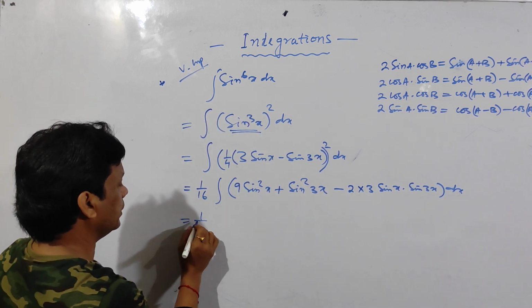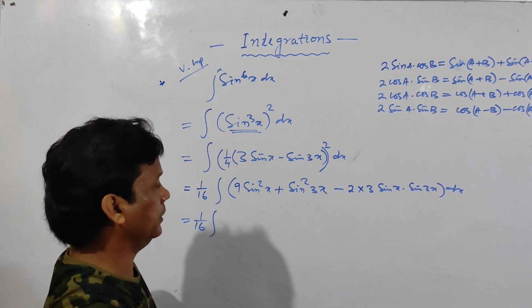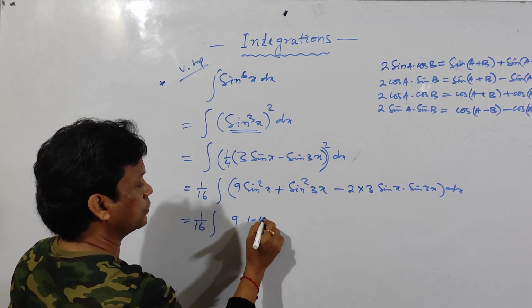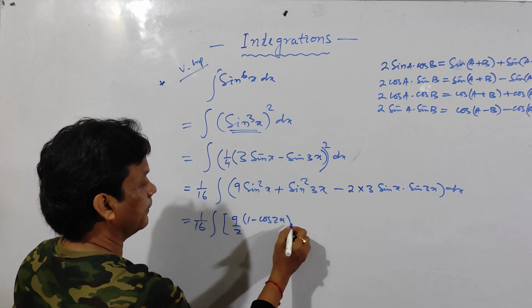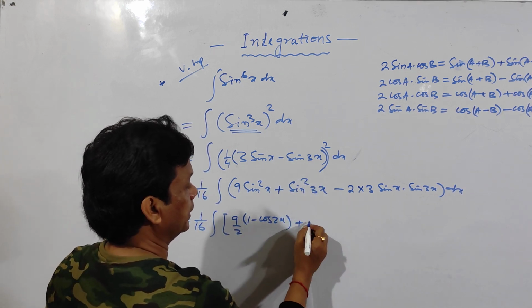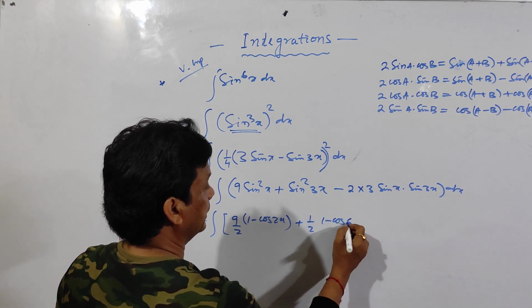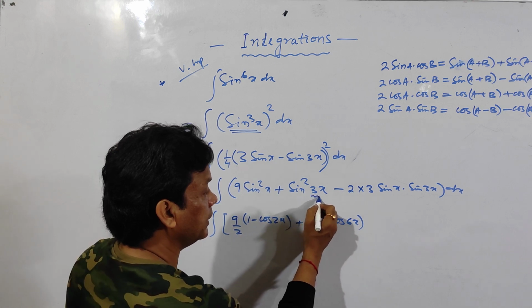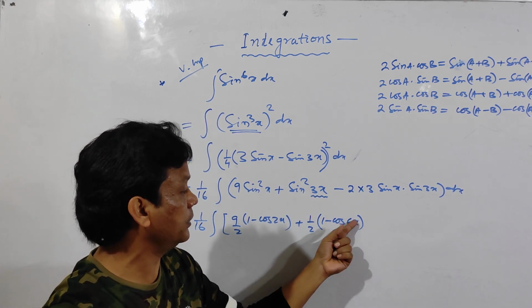See here, this will be completed. 9 sin square x, but the formula for sin square x is (1 minus cos 2x) divided by 2. So I am writing 9 by 2, plus sin square theta, which is 1 by 2 (1 minus cos 2 theta), where theta is 3x, 2 into 3x, it is 6x.